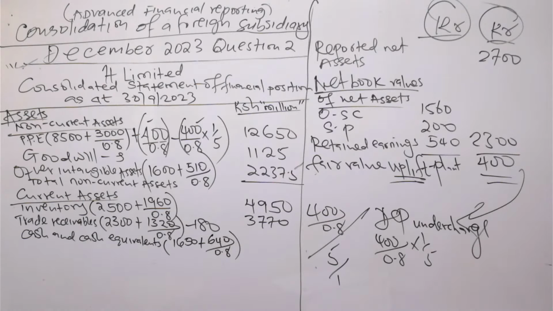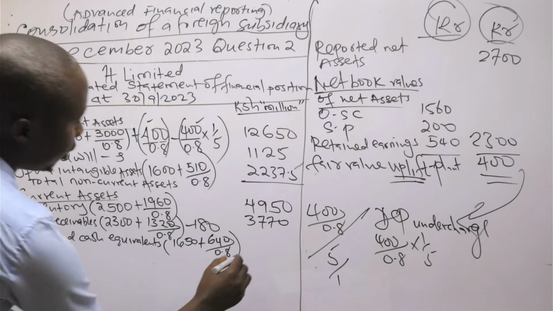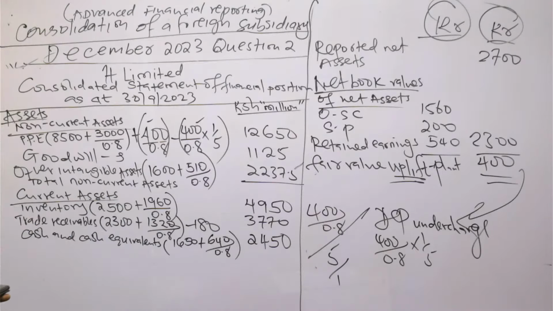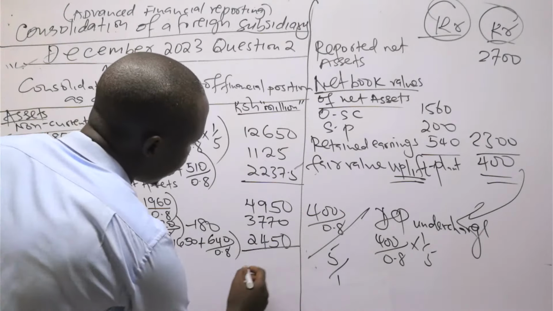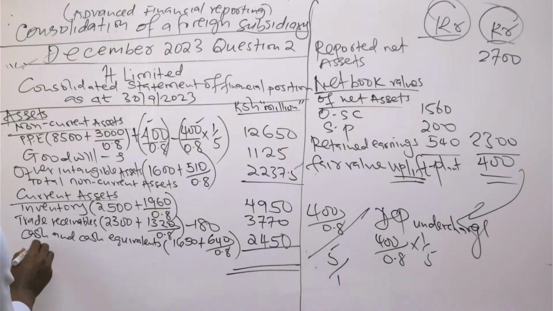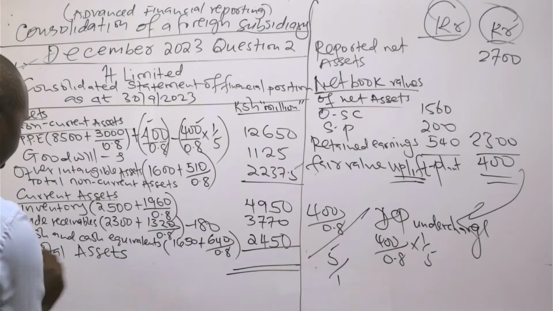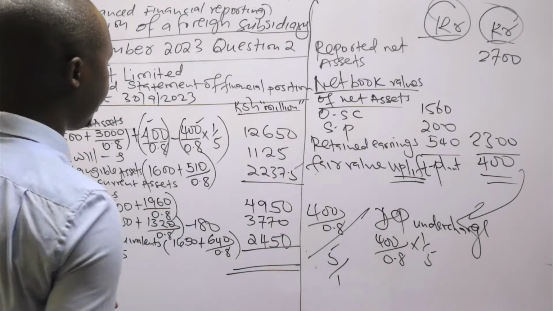So 1650 plus 640, you divide by 0.8. So that is 2450. So meaning that we are done with the assets. You can even get the value of total assets, because there's nothing missing here.